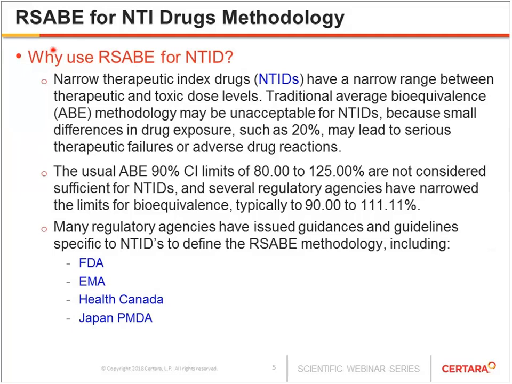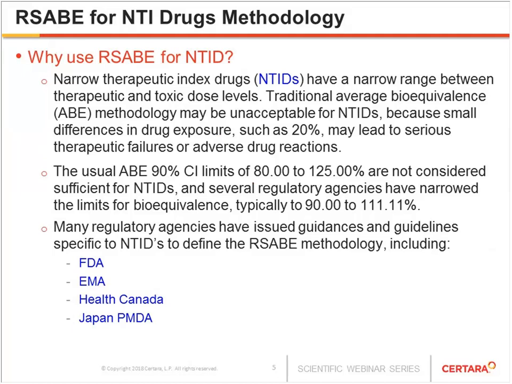So why would we use a reference-scaled ABE for narrow therapeutic index drugs? Well, these drugs have a narrow range between therapeutic and toxic dose levels. Traditional average bioequivalence methods may be unacceptable for NTIDs because small differences in drug exposure, for example 20%, may lead to serious therapeutic failures or adverse drug reactions.